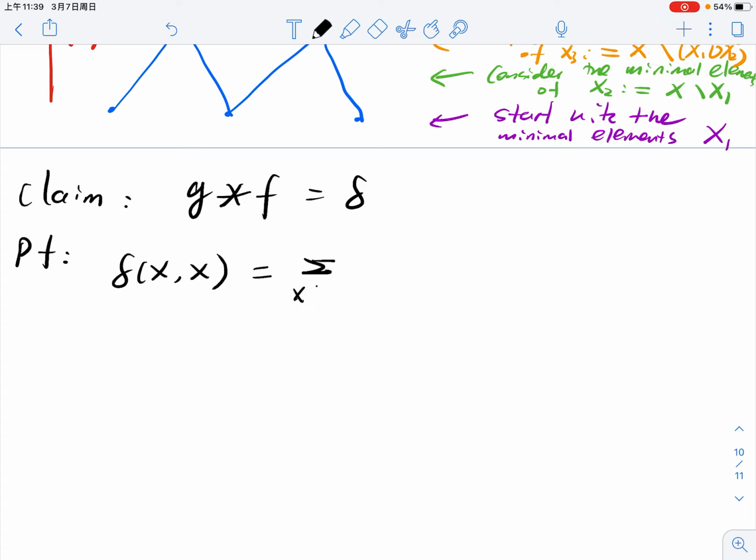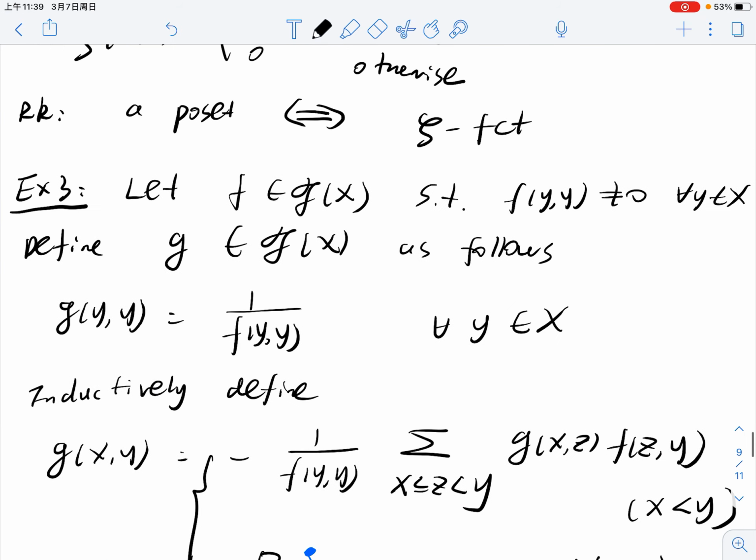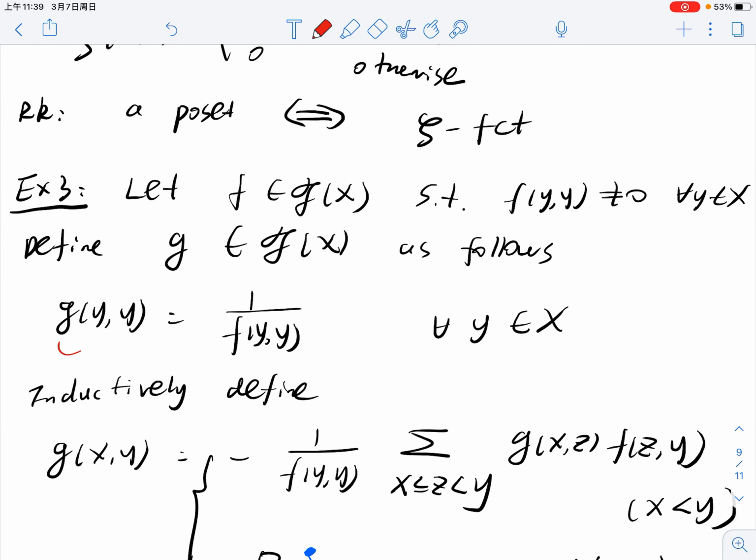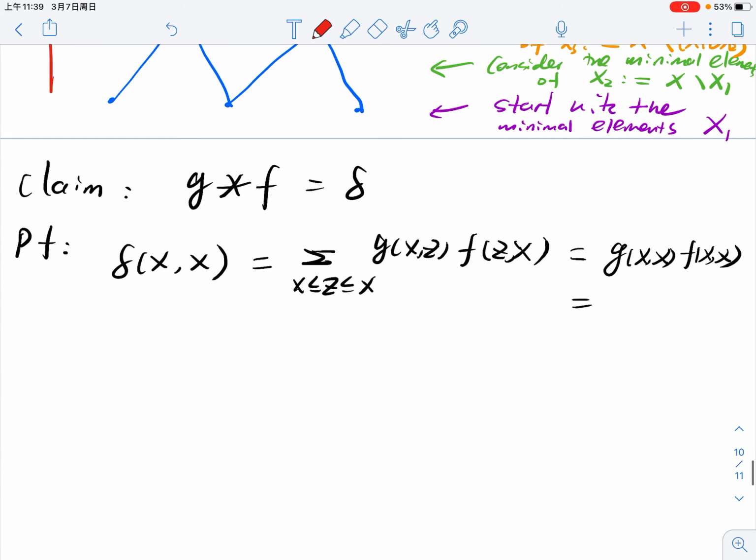Summation over x ≤ z ≤ x of g(x,z) f(z,x). The only possibility for z is x. Therefore, here you have g(x,x) f(x,x), and by the definition, for the diagonal, you have this identity. Therefore, this is 1.